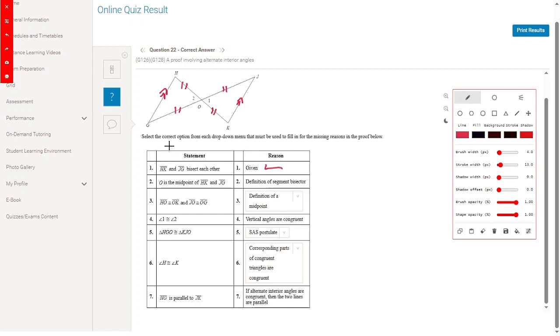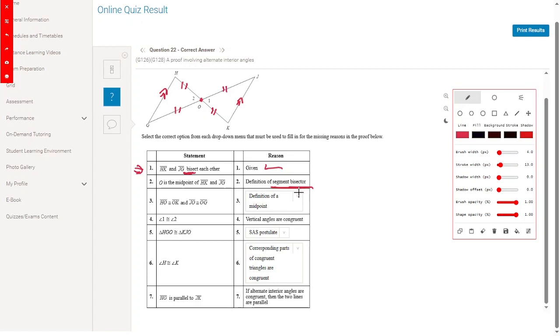So here, select the correct option from the drop-down menu that must be used to fill in the missing reasons in the proof below. The first one, we said HK and JG bisect each other, so it's given. Now O is the midpoint of HK and JG. This is because it says it bisects, so this is the segment bisector.